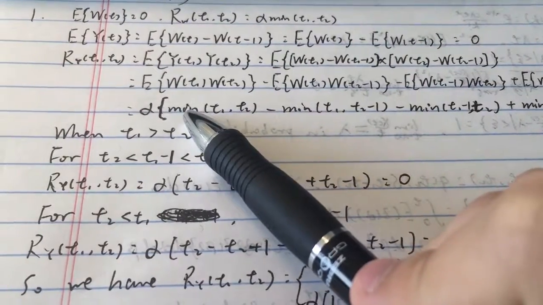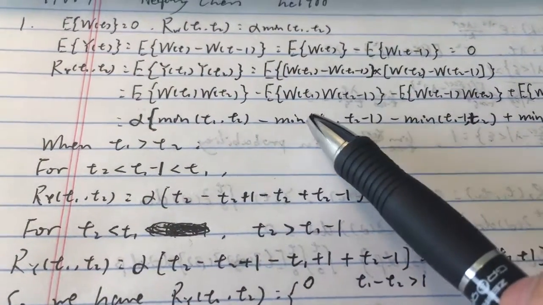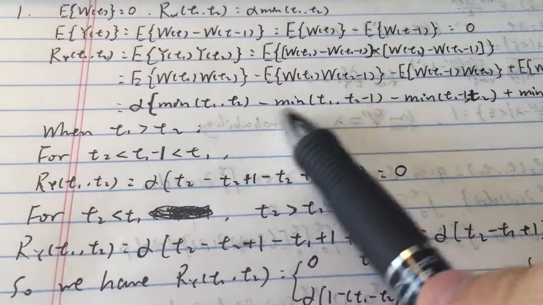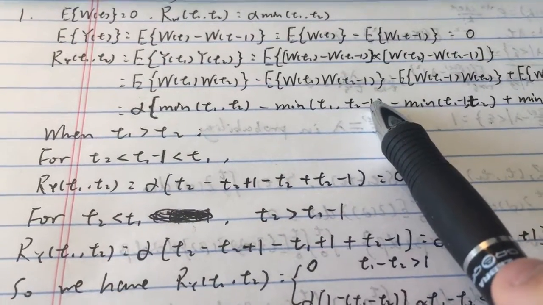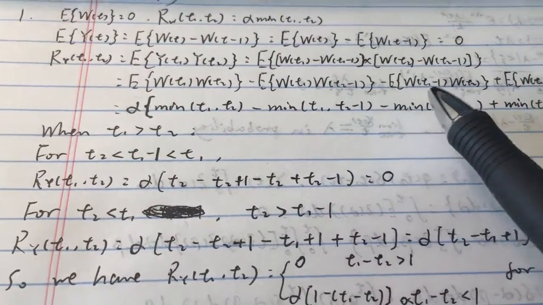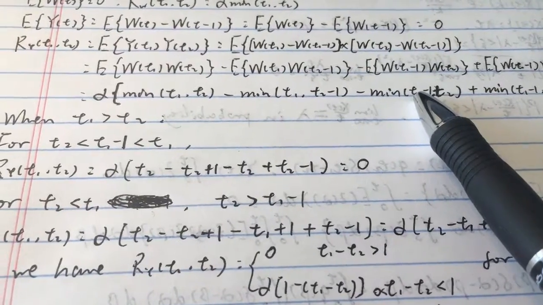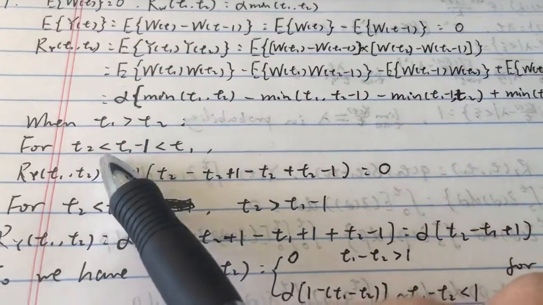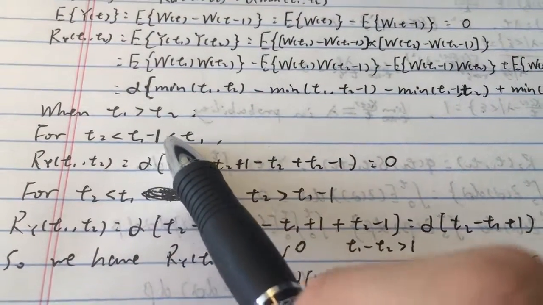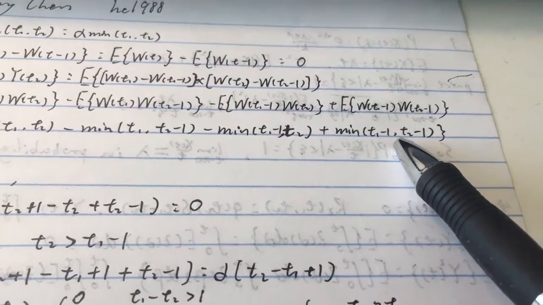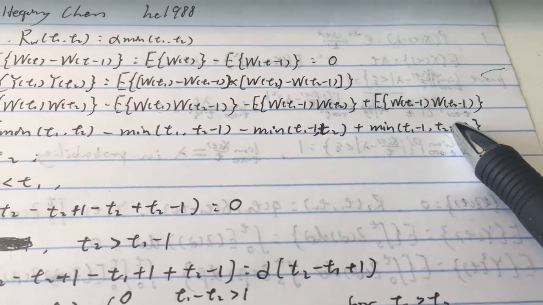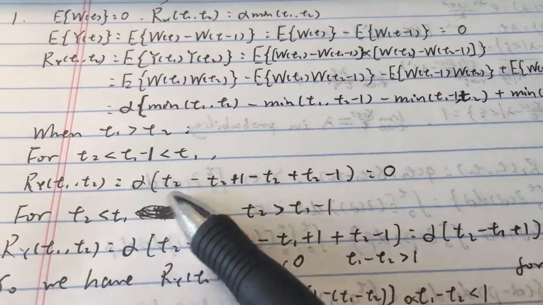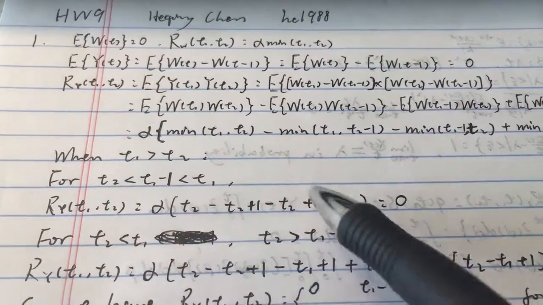Here the minimum should be t2, and because t2 is less than t1, the minimum should be t2 minus 1. And here the minimum should be t2, because I have assumed that t2 is less than t1 minus 1, and here the minimum should be t2 minus 1. So we put this result into this, and we get the autocorrelation should be 0.